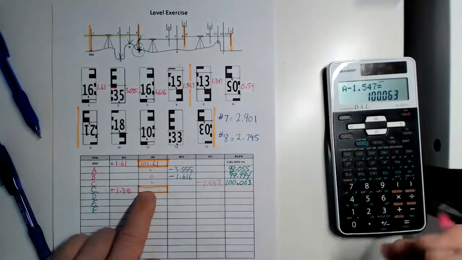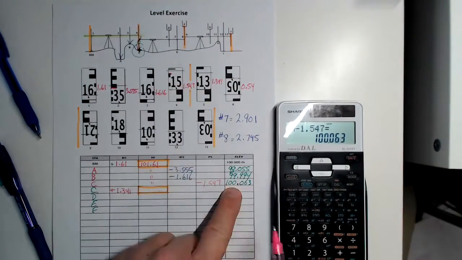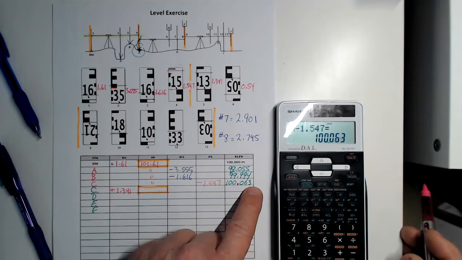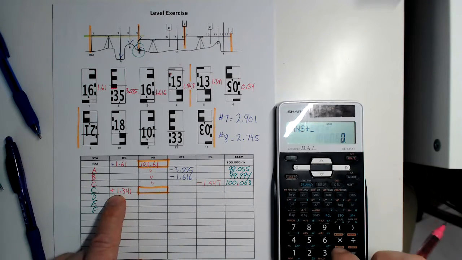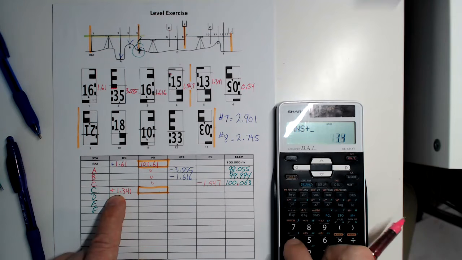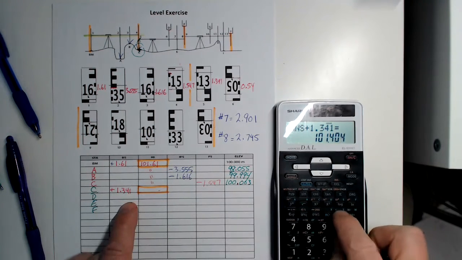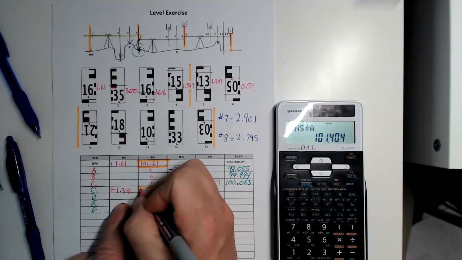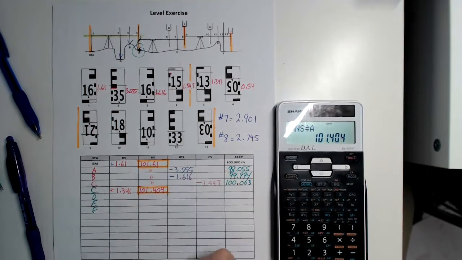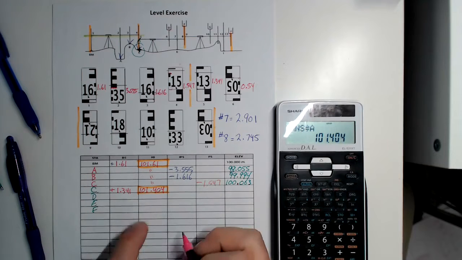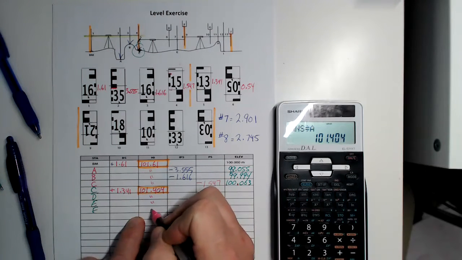Okay, so we're going to take the known point of elevation that we're using, which is C, 100.063, and we will add the reading that we take on our stick, which is plus 1.341. That will give us the height of our instrument. And I'm going to go ahead and store that in location A. So I'm 101.404.